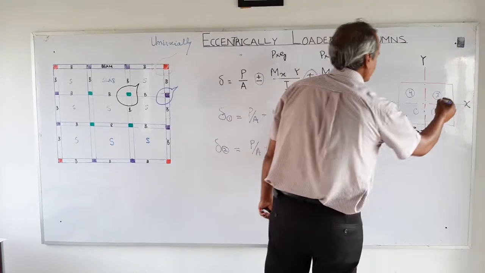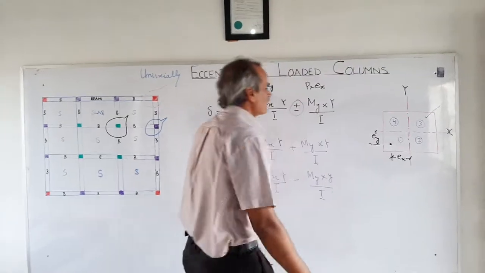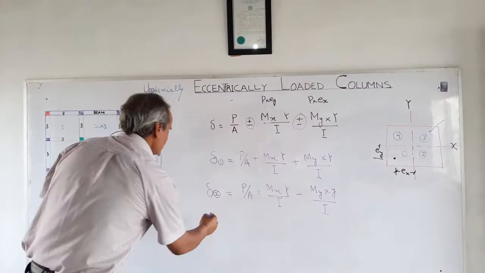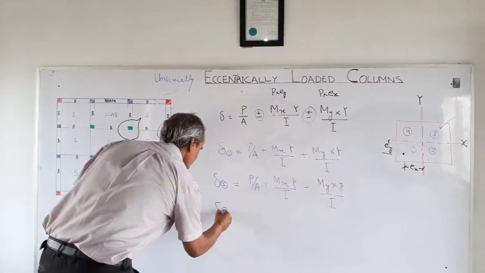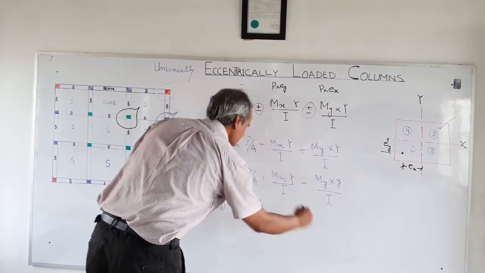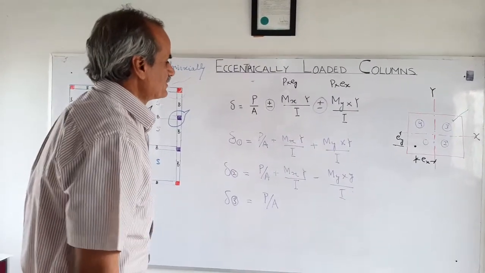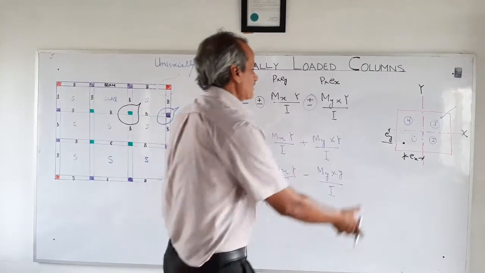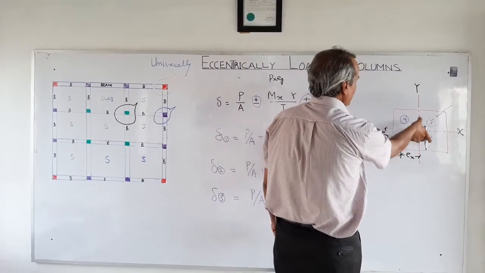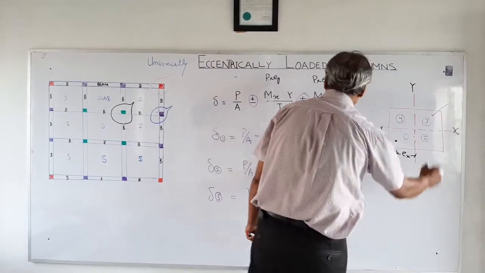So the sign chosen over here has to be negative. Taking the third quadrant, which is the right upper quadrant, over here the first term remains same, but let's see what is being experienced over there due to bending about the x-axis. Over here it has to be tension.